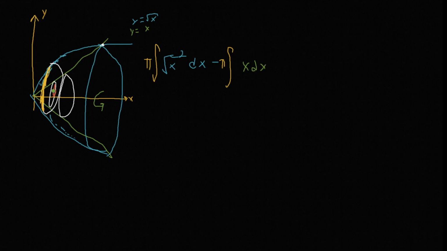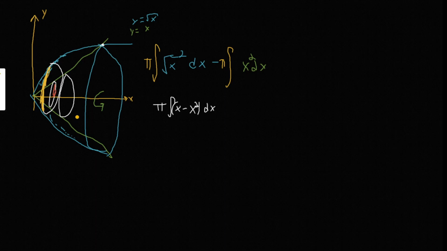We're just subtracting this circle, and we have to square it because we're trying to find the pi r squared. You can streamline this by saying pi times the integral of the square root of x squared, which is just x, minus x squared dx, multiplying the dx by both of these things. So we kind of have to do it like this.